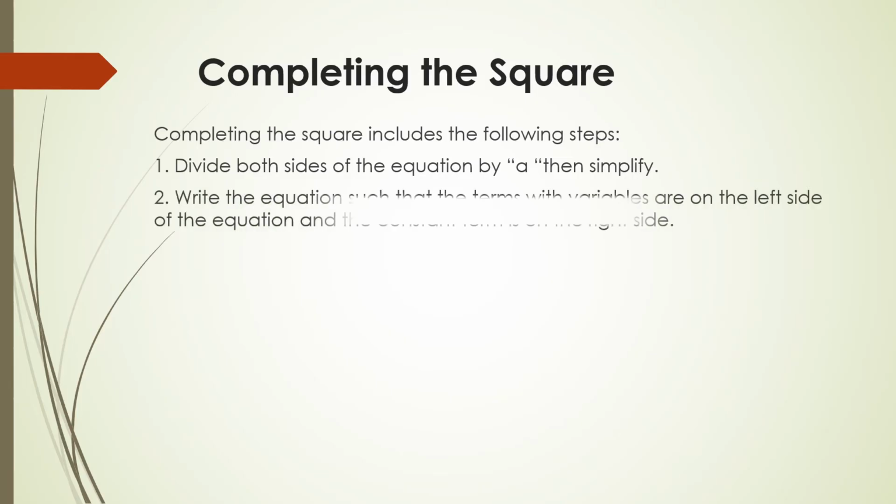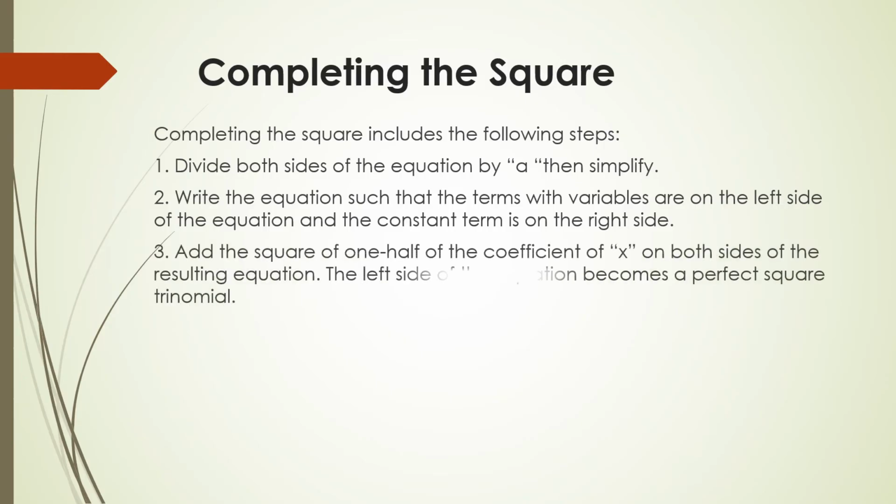Next, number 2. Write the equation such that the term with variable are on the left side of the equation and the constant term is on the right side. So, we need to separate them. All that have variable are on the left side. All constant terms, those without variable, are all on the right side.